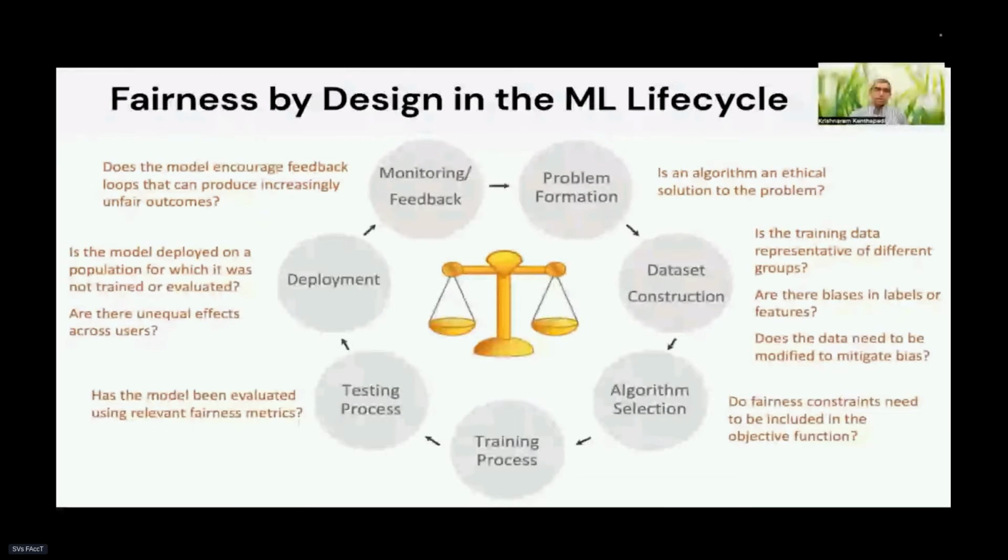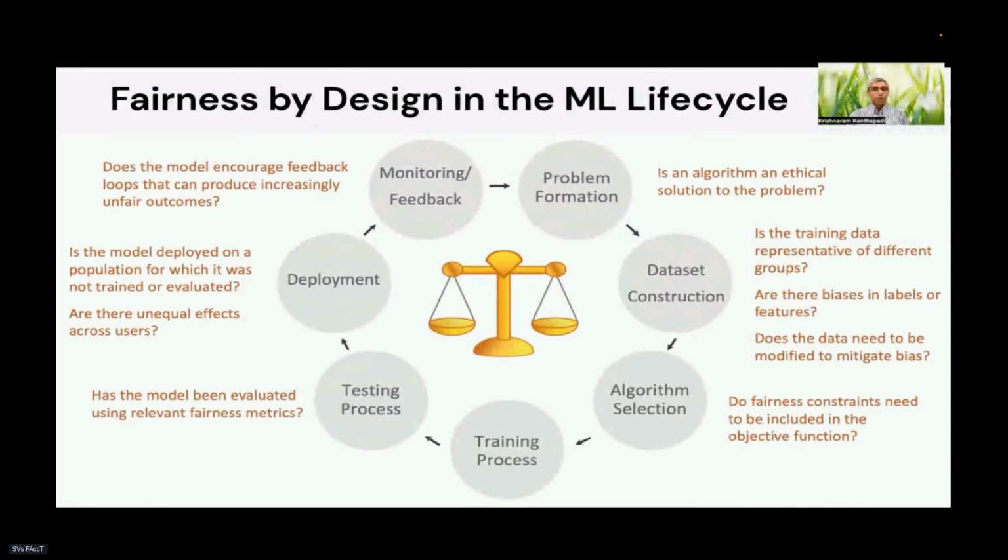Next, when it comes to data set construction, we may want to ensure that we have data representative of different groups, and if there are any biases in either labels or features, we may want to figure out how to mitigate those biases. Then during model training, we may want to incorporate fairness constraints. And similarly, during testing, we may want to test the model for performance for different groups.